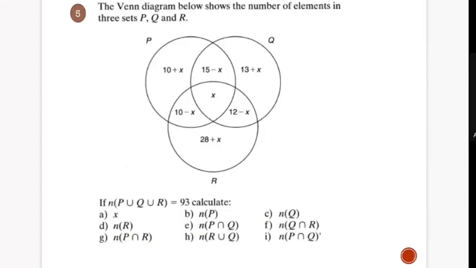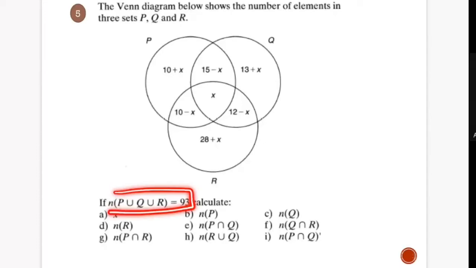Okay, let's see another example. Question number 5. The Venn diagram below shows the number of elements in 3 sets P, Q, and R. If P union Q union R is equal to 93, calculate X. So now you have this Venn diagram, and another piece of information that you have is this 93.